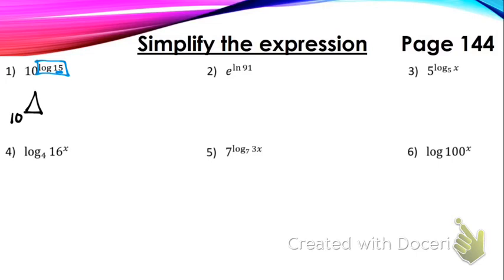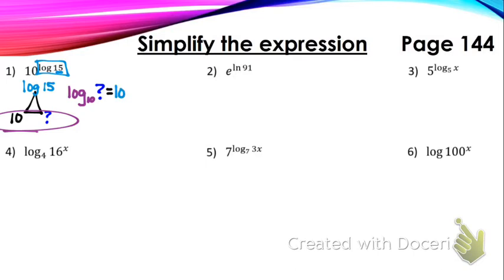Good question, Pelsi. Yeah, so this is going to be log 15 up here. I'm not quite sure what it evaluates to. But if I take this and I write this bottom part in its log form, I would have log base 10 of, I don't know, equals, what did we say our exponent was?